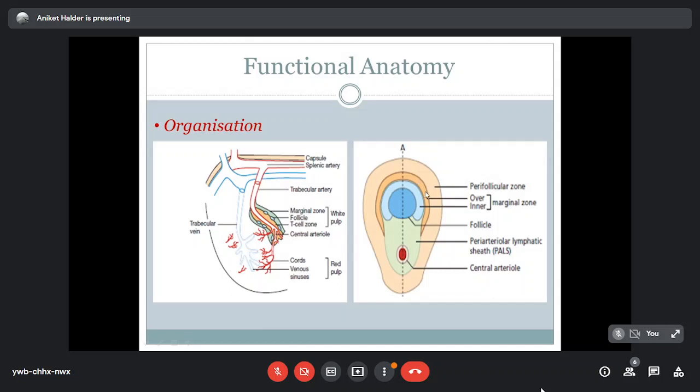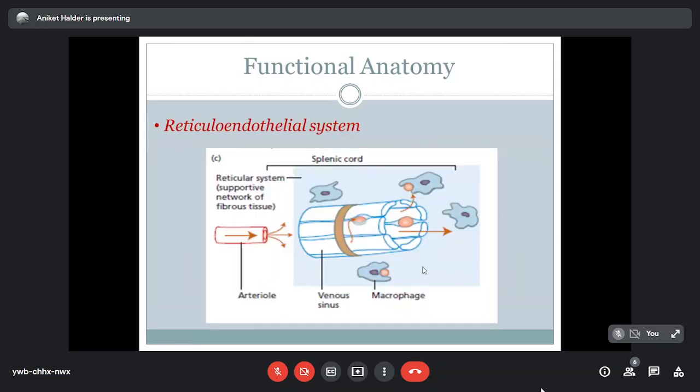Outside this B cell zone is the marginal zone, and outside the marginal zone is the perifollicular area. This is what constitutes the white pulp, and the red pulp forms the reticuloendothelial system of the spleen. When the terminal branch of the central arteriole enters the splenic parenchyma, the blood flow through the central arteriole can take two paths.